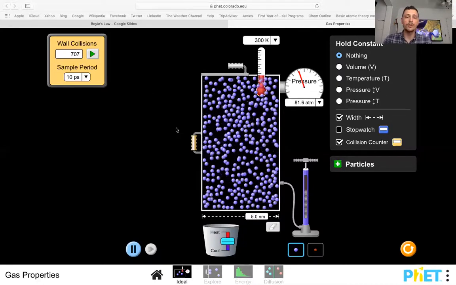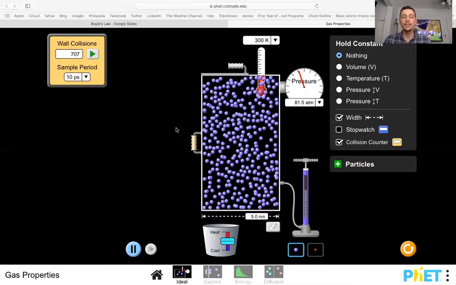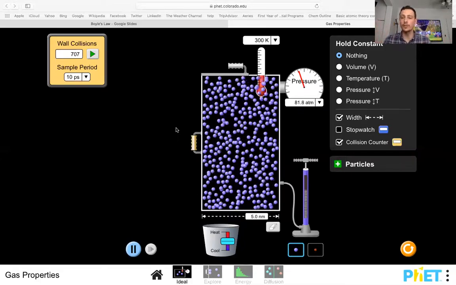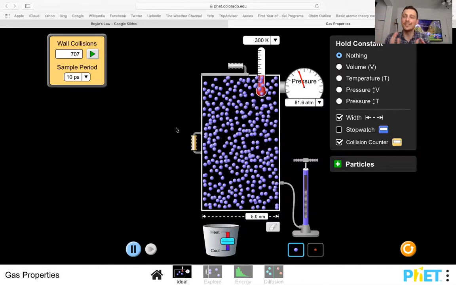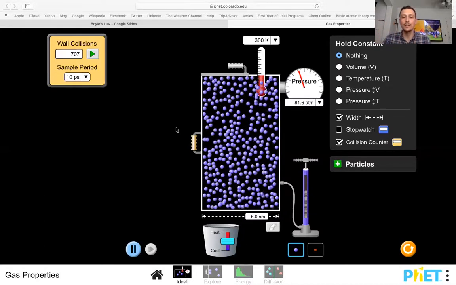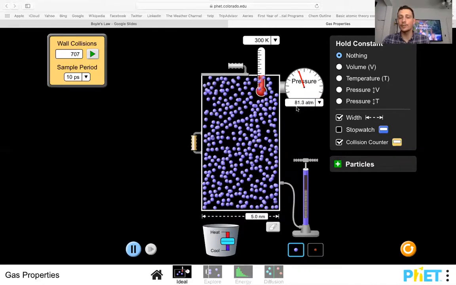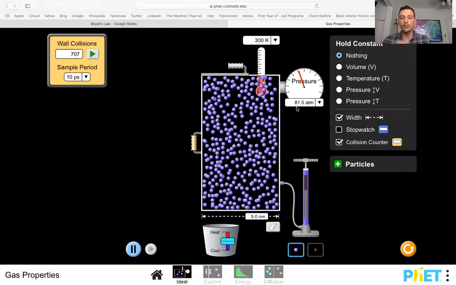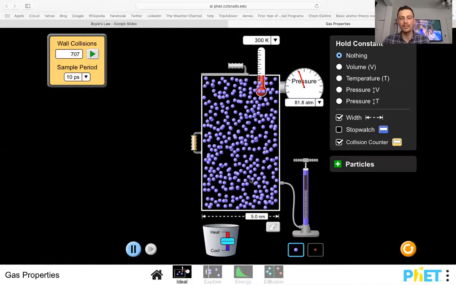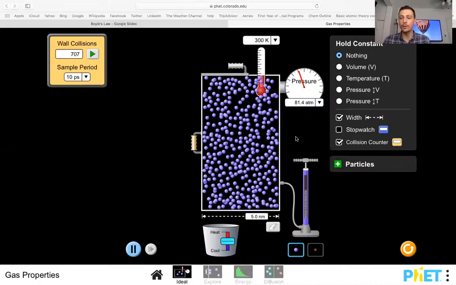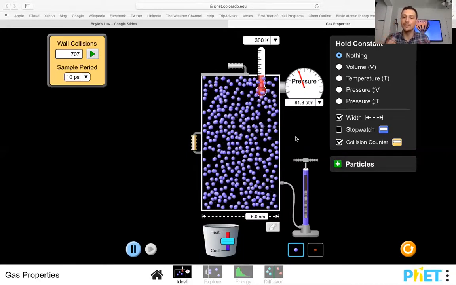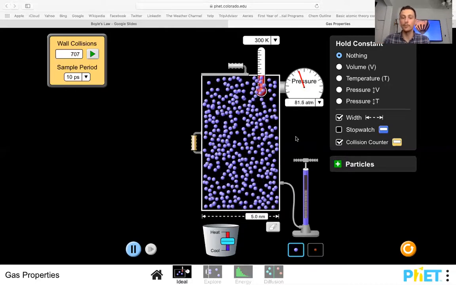So we increased the amount of times that these molecules are hitting the walls of their container because we decreased the size of the container. And in doing that, the pressure went up from, I believe it was like 58, all the way up to 81, right? So the pressure goes up because they're hitting the sides of the container more and more frequently because the container is smaller and there's less space for them to move around.